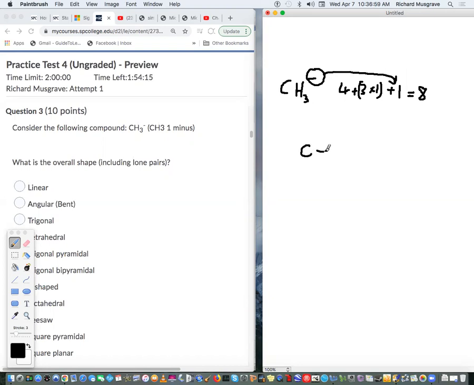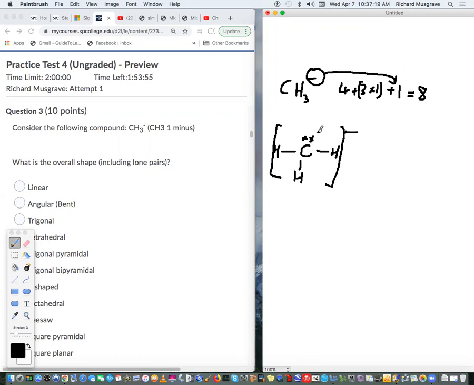So the way it would look is we would do the hydrogens for carbon. That's 6. To put the other 2 on the central atom, that's a total of 8. And that's what the Lewis structure would look like.